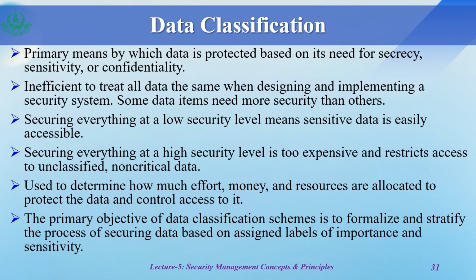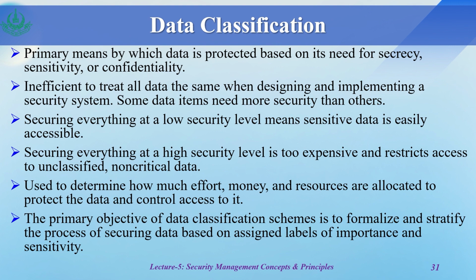Some data items need more security than others. Securing everything at a low security level means sensitive data is easily accessible. Securing everything at a high security level is too expensive and restricts access to unclassified, non-critical data.